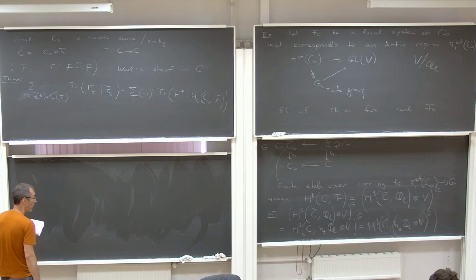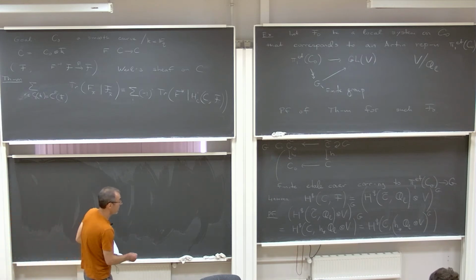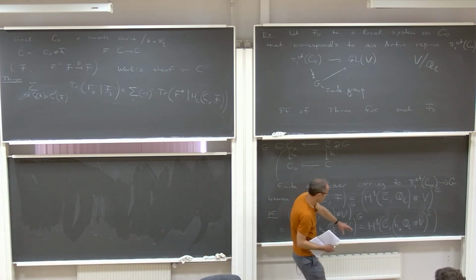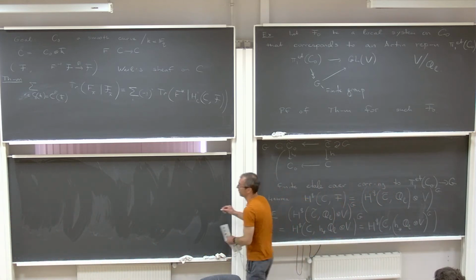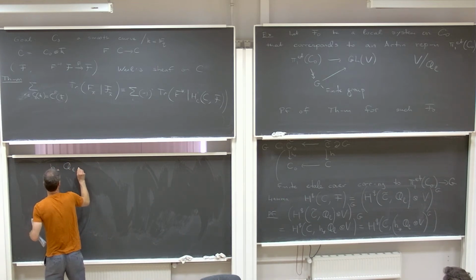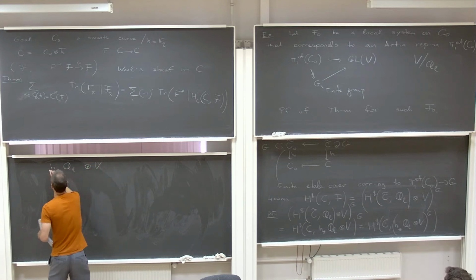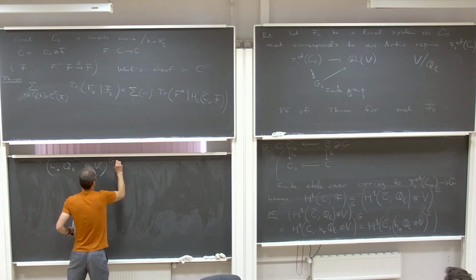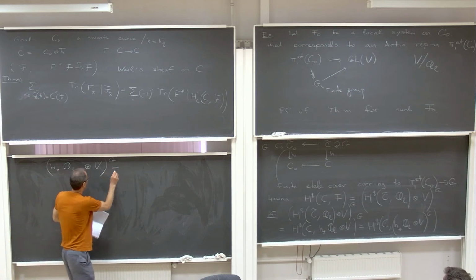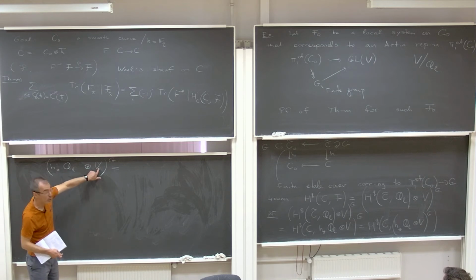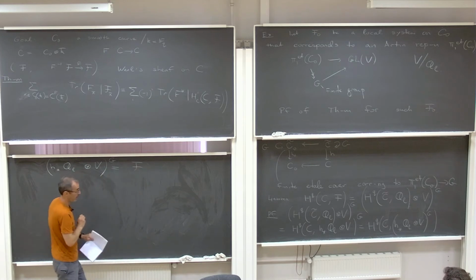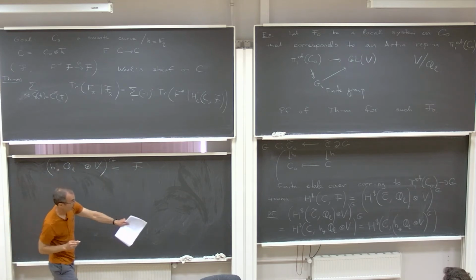So good. Now I claim that this sheaf H rho star QL tensor with V is precisely the local system corresponding to this representation V. So that this is F. And once I have this, the lemma will follow.